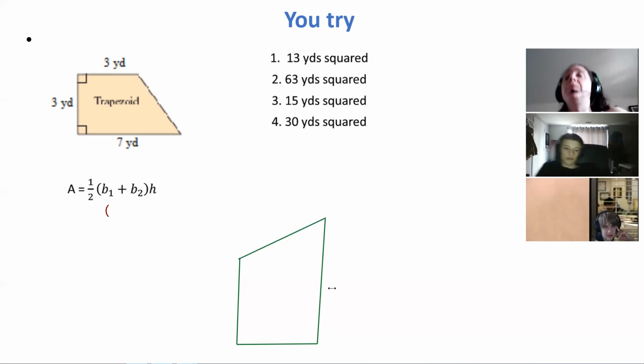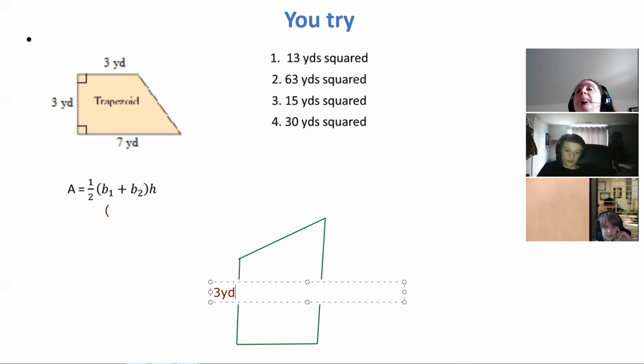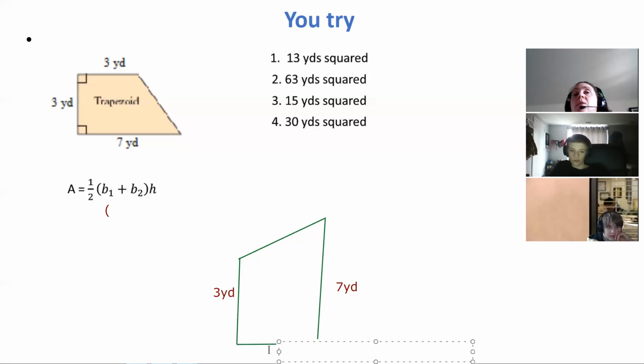But what's tricky with trapezoids is that their bases really don't change because, guys, look at that 7 and that 3. What is true about the lines for the 7 and the 3? What type of lines are they?